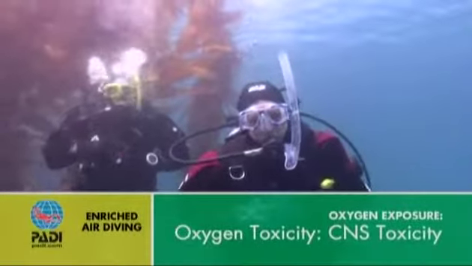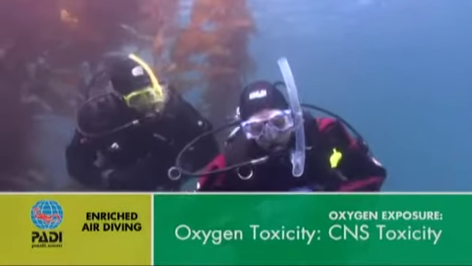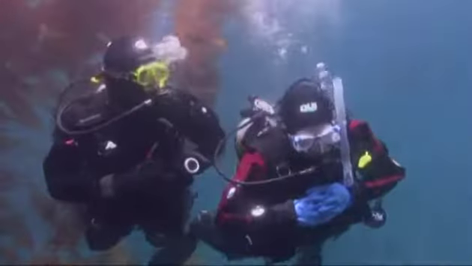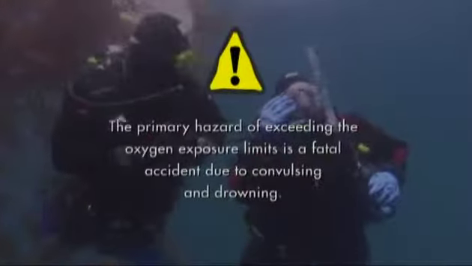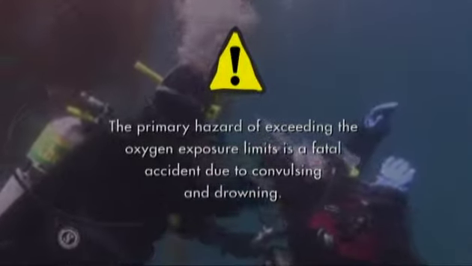There are two types of oxygen toxicity that can occur by exceeding oxygen limits: CNS, central nervous system toxicity, and pulmonary toxicity. The primary hazard of exceeding the oxygen exposure limits is a fatal accident due to convulsing and drowning. CNS toxicity may cause a diver to convulse.